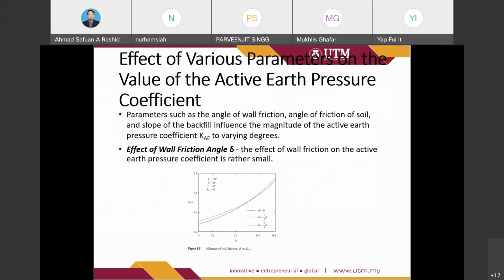The authors looked at the influence of different parameters on the active earth pressure coefficient due to the earthquake. They looked first at the friction angle of the wall, then the friction angle of the soil, and also the slope of the backfill, which is the I.